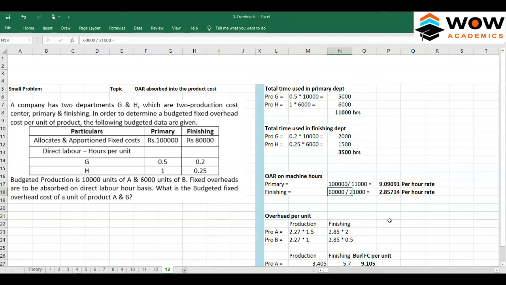Let's find out the finishing department. Finishing department has a cost of 80,000 and it has hours of 3,500. So we found out the per hour rate. Okay, and the OAR is on the labor hours here.